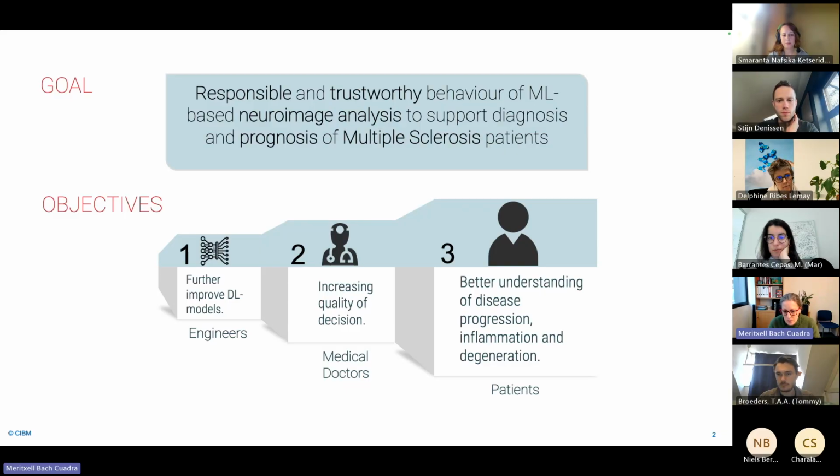We rely on this trustworthiness because we believe it creates a win-win-win situation at different levels, at the level of engineers, and I will show you today how we can use this setting to improve our models. We hope that this framework would increase the quality of the decisions of the doctors. Delphine will dig more into that. And ultimately, we believe that this can support a better understanding of the disease and its mechanisms.